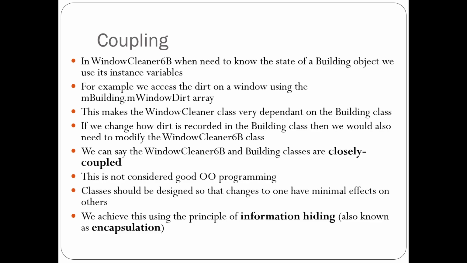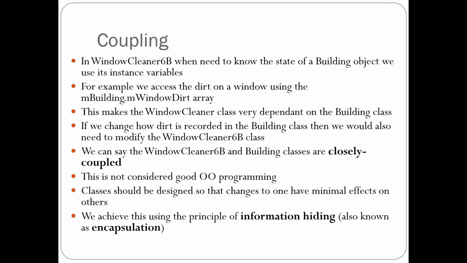What we need to worry about now is when we get into the sort of hardcore object-oriented programming, particularly as you've already noticed in Window Cleaner 6B, we're now starting to write programs or look at programs where we've got more than one class.